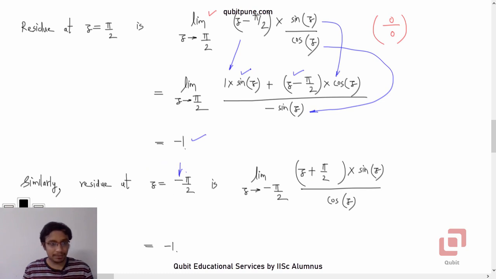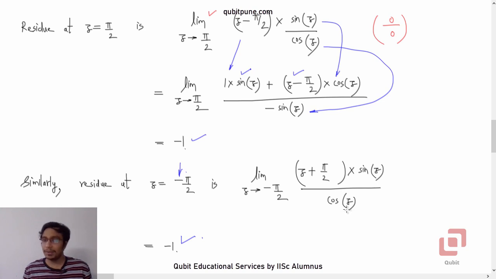Okay, fine, so let's do it. Is it in the indeterminate form? Yes, again it is in the indeterminate form, so you can find the derivative of the numerator and of the denominator, and you will get the value as negative 1.